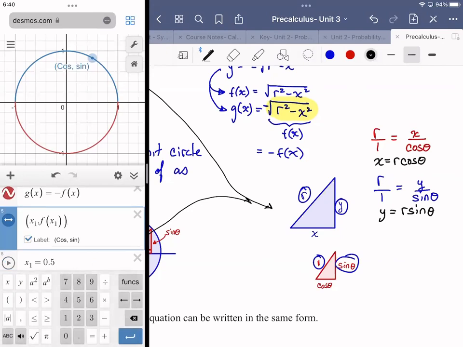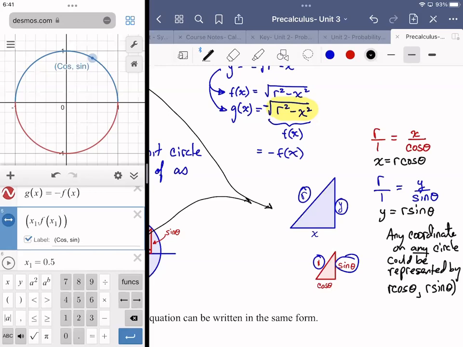But if I tell you that any coordinate on any circle could be represented by r cosine theta, comma r sine theta, because r cosine theta is the x value and r sine theta is the y value.